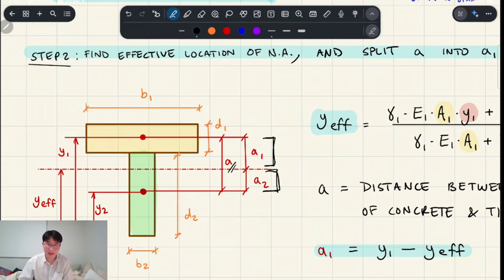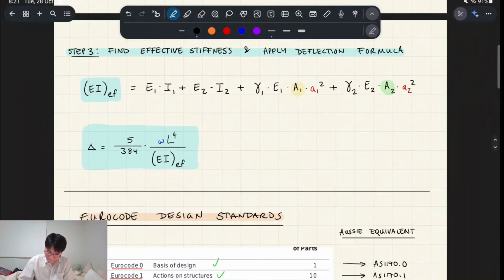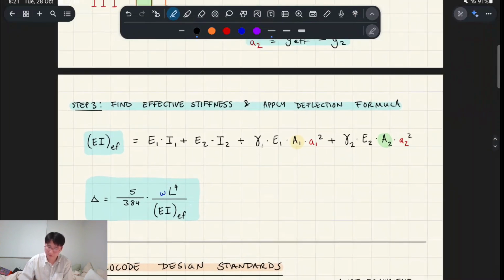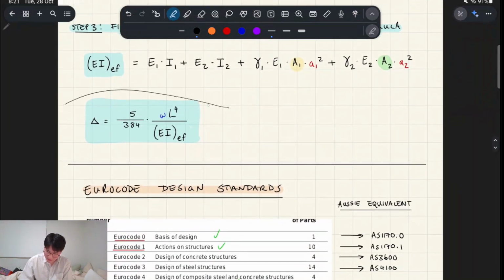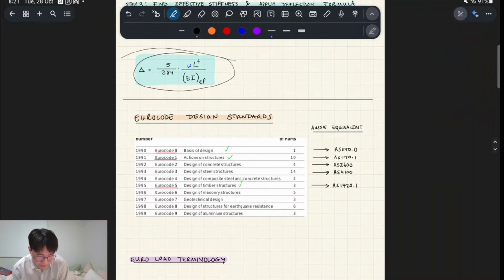So they're just called A. That's the only difference in the Eurocode here. Again, then you have to find the effective stiffness, right? The effective stiffness is this formula, basically. And that's what you use when you put it into the deflection formula, I guess.